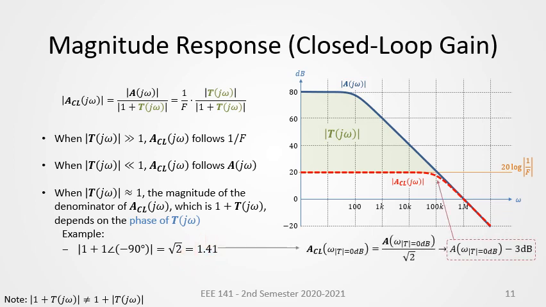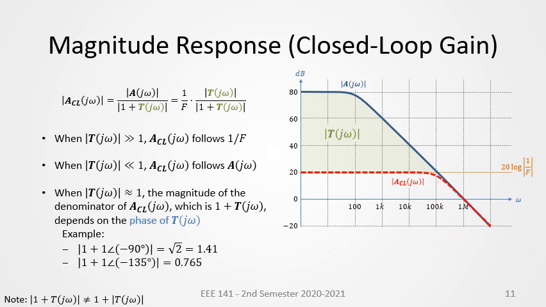Now, this is actually the case for the plot shown, where the closed loop magnitude is the open loop gain magnitude divided by square root of 2, which means that the closed loop gain is the open loop gain minus 3 dB, which shows this minor difference here.